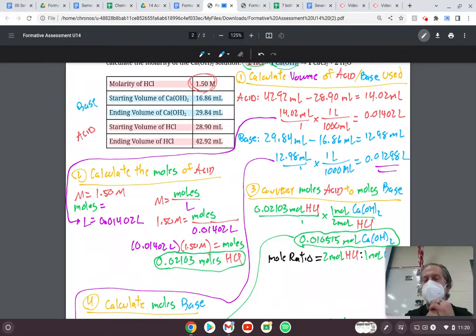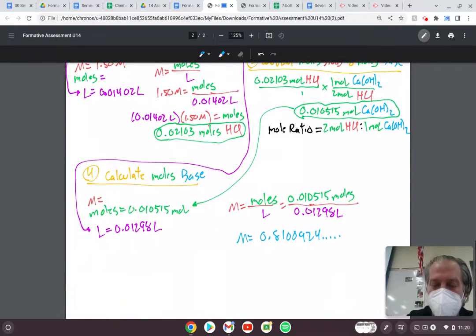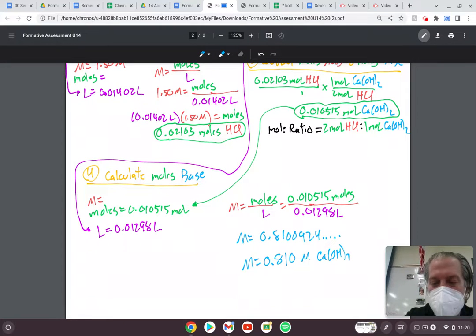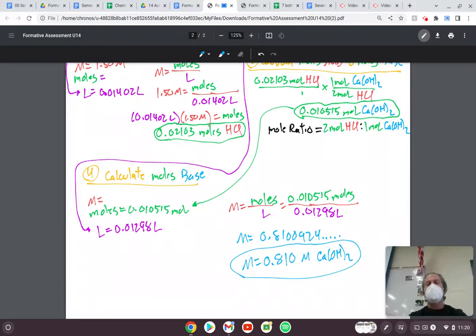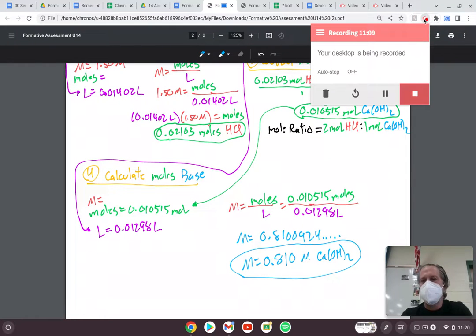My molarity that I was given had 3 sig figs. That tells me that my final molarity needs to have 3 sig figs. So the molarity here is going to be 0.810 molar. In this case, it's CaOH2. So this is our final answer, and that's the work that you have to show to get there. Questions? Okay.